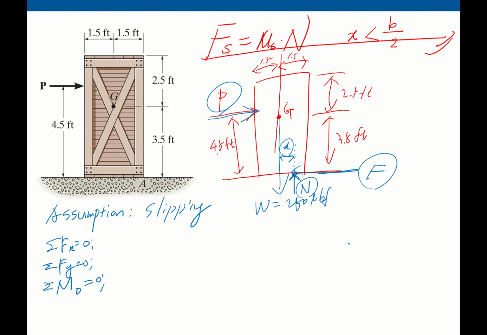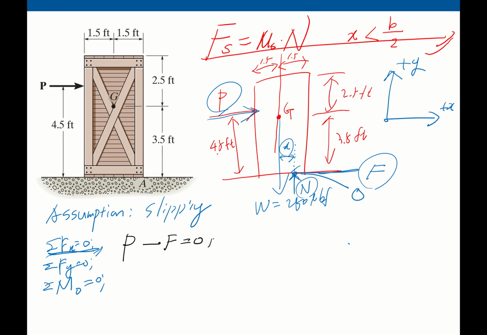Let's say this contact point is point O. For the x-axis direction, there is the pushing force and there is a frictional force, so the sum is equal to 0.